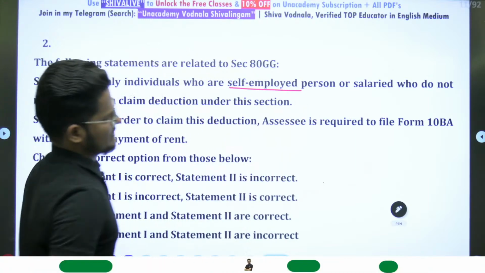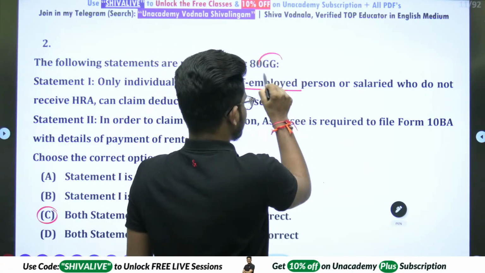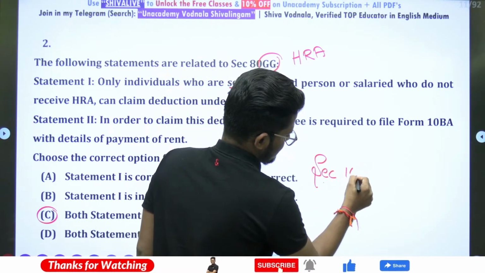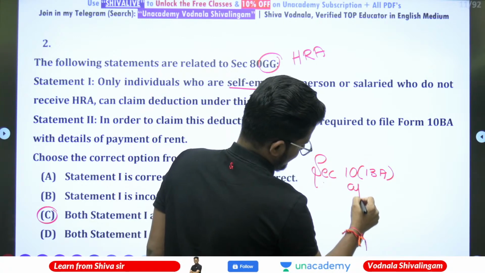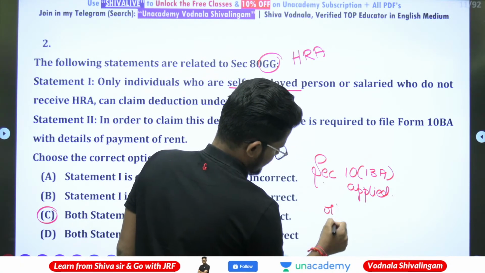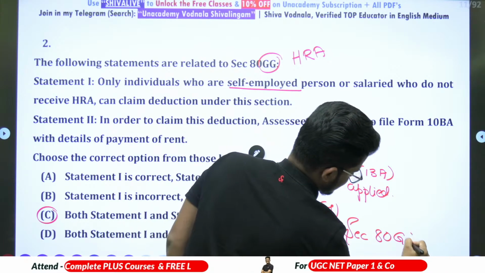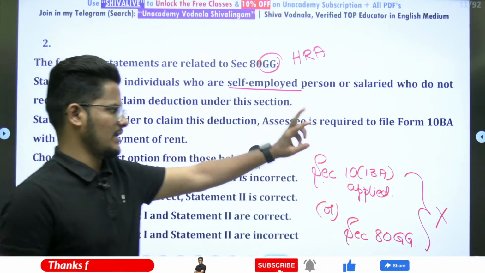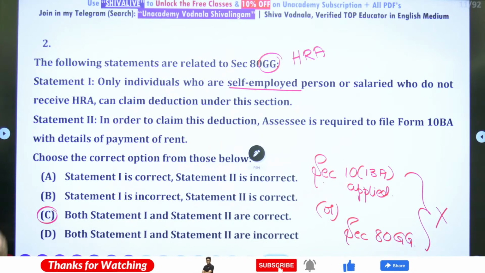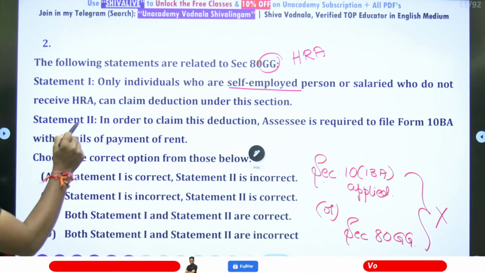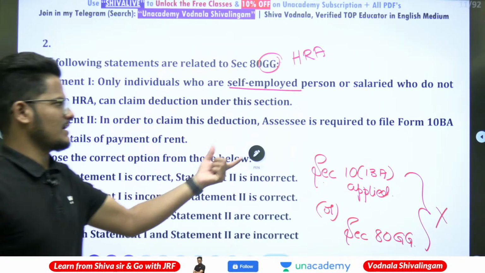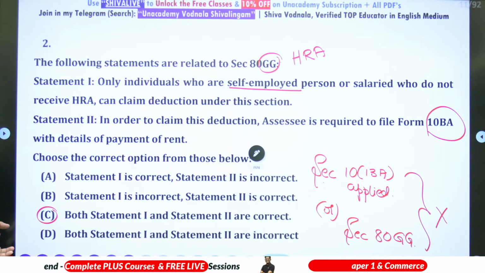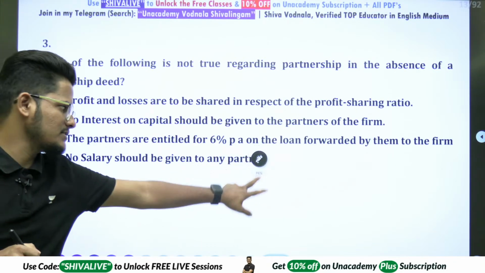Only individuals who are self-employed persons or salaried persons who do not receive HRA can claim it, because 80GG is related to house rent allowance deduction. Either section 10(13A) will be applied, or section 80GG deduction. Both will not be applied together, either this benefit or that benefit. If you are taking this exemption, this deduction won't be allowed. So self-employed persons or salaried persons who do not receive HRA can claim the deduction under 80GG as HRA. In order to claim this deduction, the assessee is required to file Form 10BA with the details of payment of rent. He needs to file it so that he can claim the deduction under 80GG. That requirement is a legal requirement.